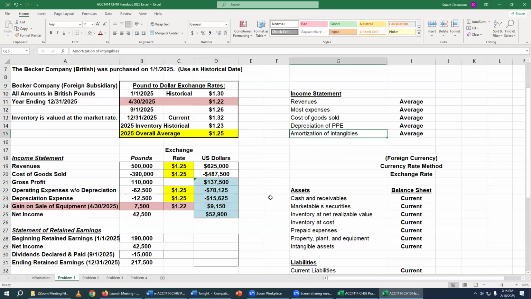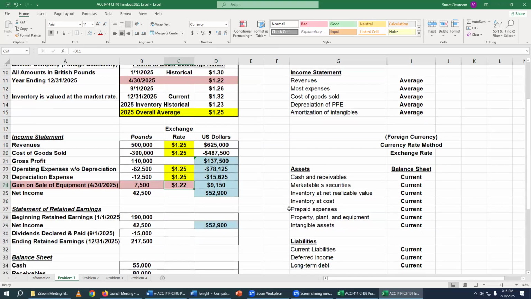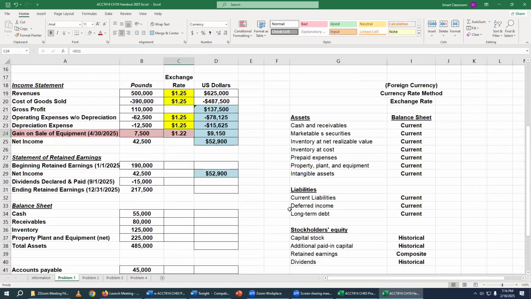Aqua. So you're going to take the 137, these two are already subtracted to get the 137, and then 137 minus 78 minus 15 plus the 9 will come out to that. And we're going to put that down here.